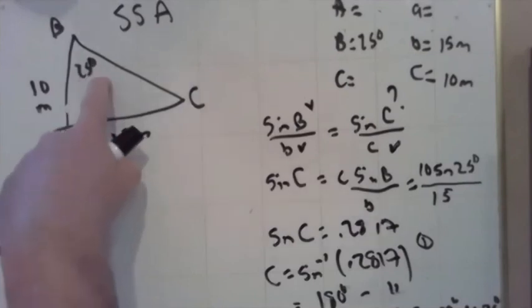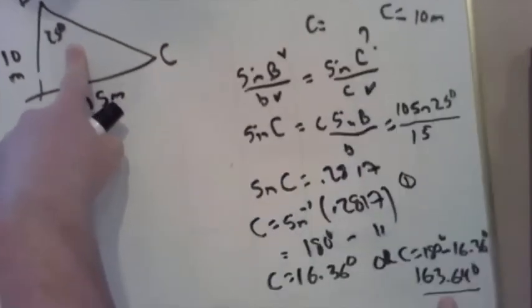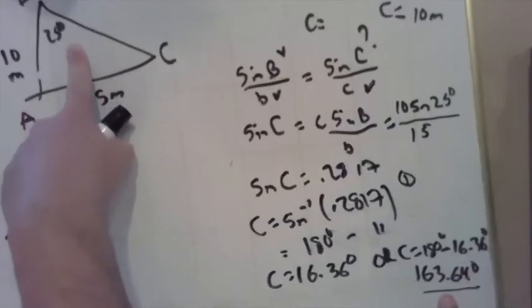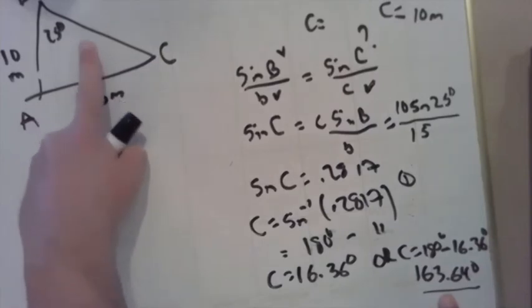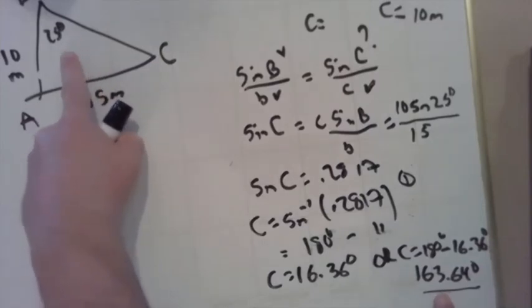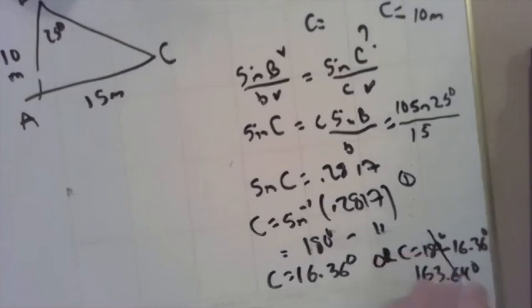I already got one angle that's 25. If I add in another 163, I'm already over 180. There's no room for a third angle. There's no room for these two. These two will not fit in a triangle. Sometimes you get lucky, and in this ambiguous case, that second one just doesn't fit. 25 plus 163 is already bigger than 180. So we only get one possible triangle.